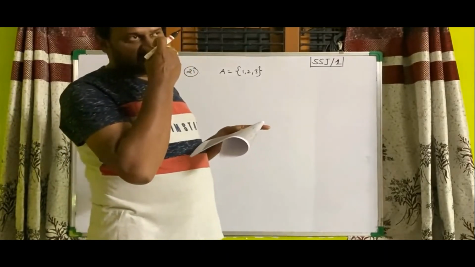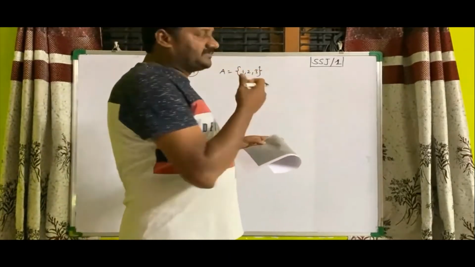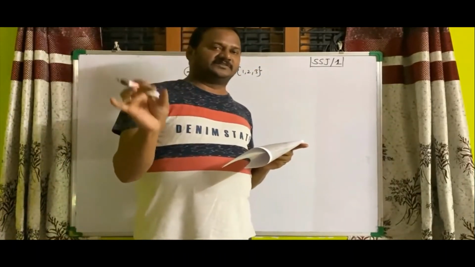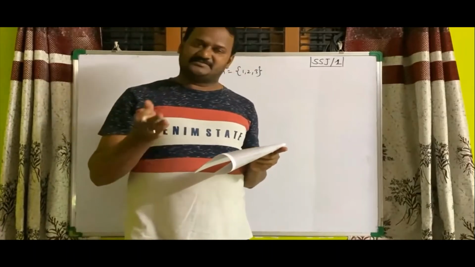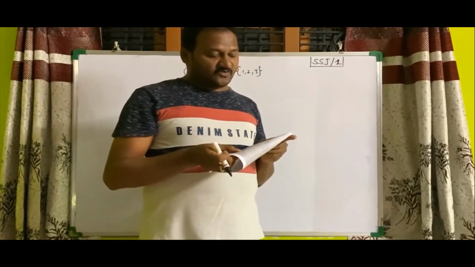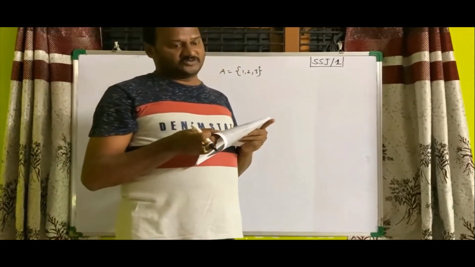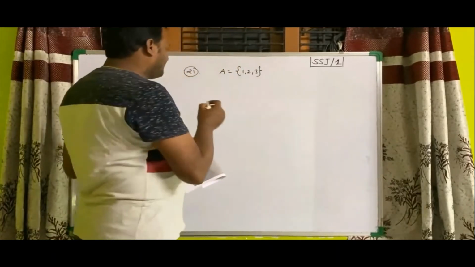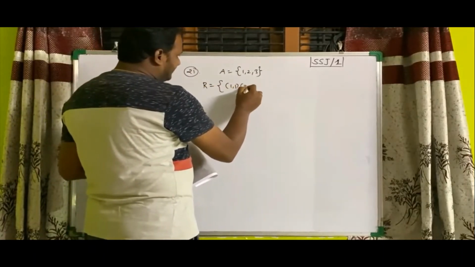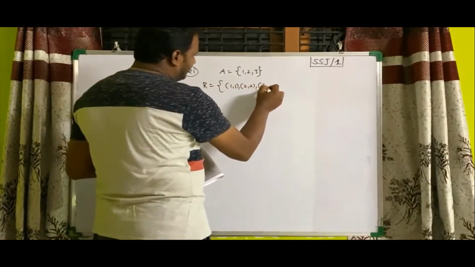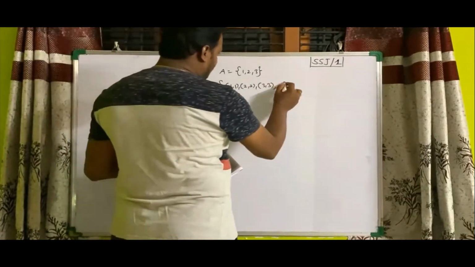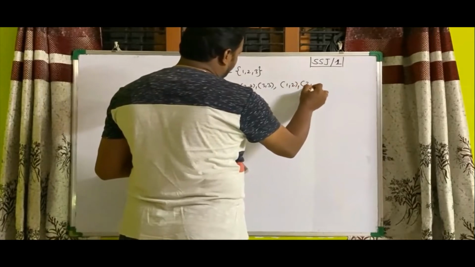An equivalence relation is nothing but, let us consider, since they have 1, 2, 3, then R is equal to the set containing (1,1), (2,2), (3,3), which is the smallest equivalence relation because it is symmetric, reflexive, and transitive also. But the condition given here is that (1,2) and (2,1) should also be there in that equivalence relation. Let us see. My relation R is equal to the set containing (1,1), (2,2), (3,3) should be there, and then you include the elements (1,2), (2,1).